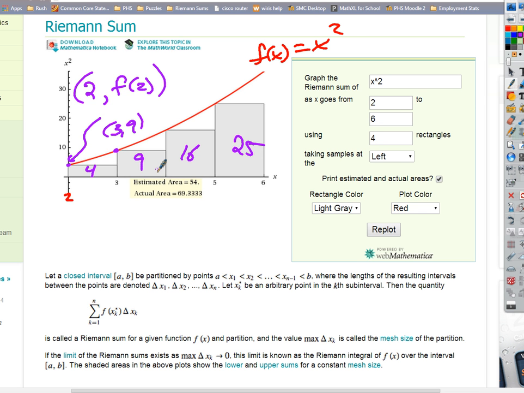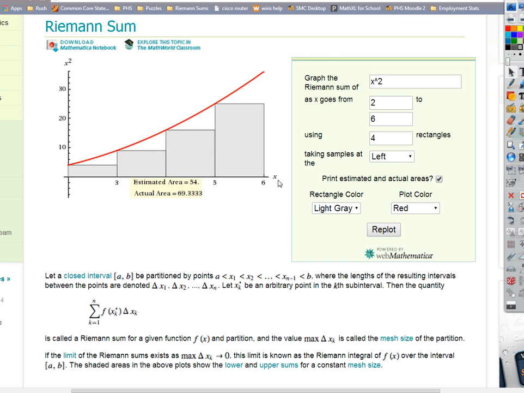So it's an underestimate, like we said. If we look at the corresponding overestimate, notice it says taking samples at the left. What that means is the height of each rectangle is defined by the left edge of the rectangle, right?